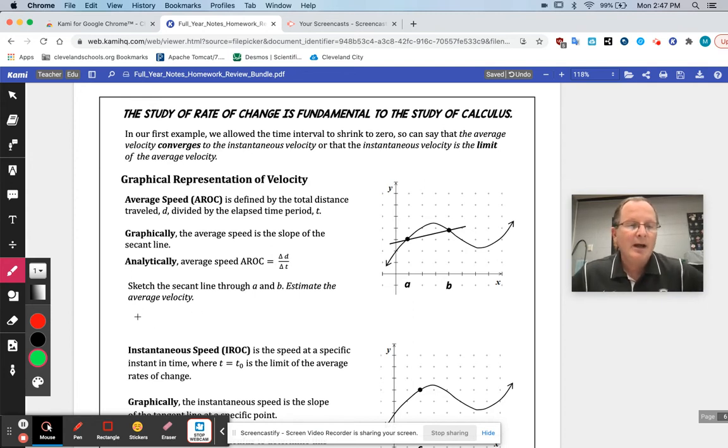So we could use the notation they do. That's fine by me. So average rate of change is going to equal the change in the distance, or you could put S here, but I'll use D since that seems to be what they're wanting us to use, over the change in time.